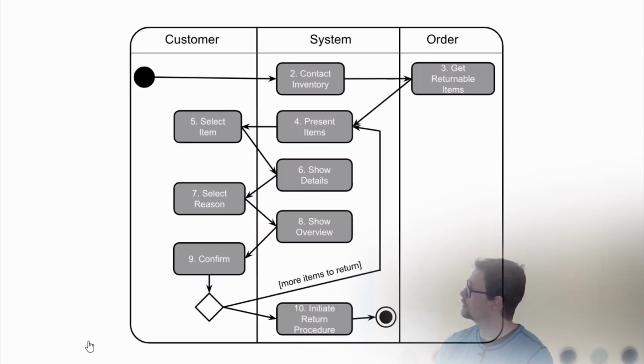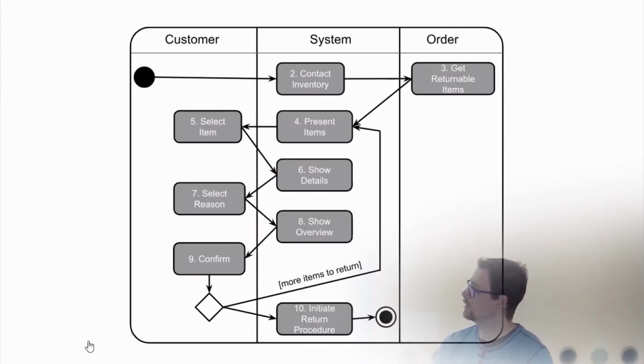So step number 2, we contact the inventory system or order system, and the order system gets the returnable items. Our system presents the items, the customer selects an item, we show the details, we select the reason, we show the overview, we confirm, and we have this option to go back to step number 4 and present the items again, or initiate the return procedure, and we are done.